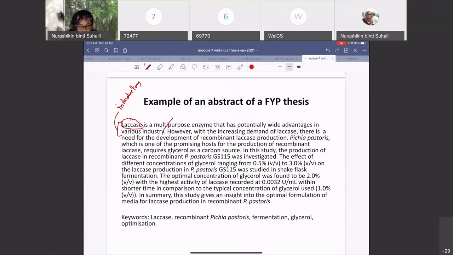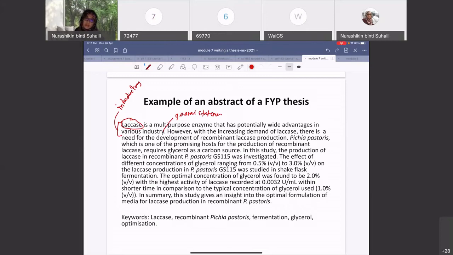So this is actually considered a general statement. That's why it doesn't need citation. Never put citation. You can see that there's no citation inside here. There is no author and year, like 2019. There's no such thing. If you do that, it's wrong. Okay. So this is a general statement: Laccase is a multi-purpose enzyme that has potentially wide advantages in various industries.